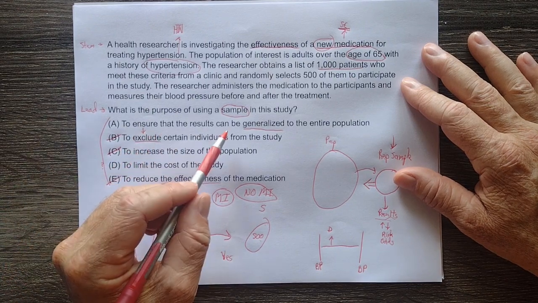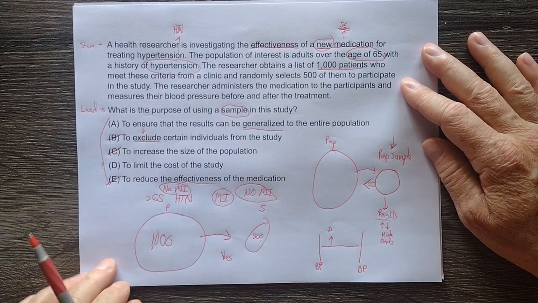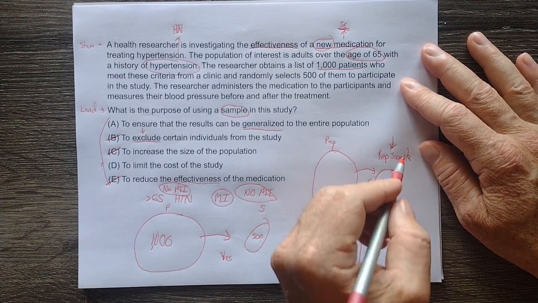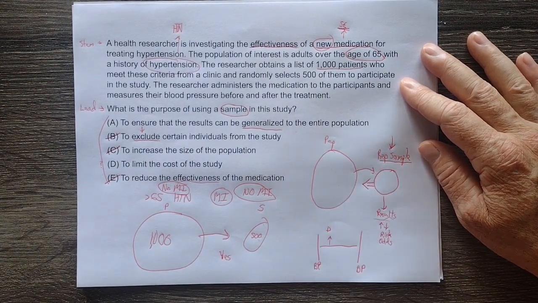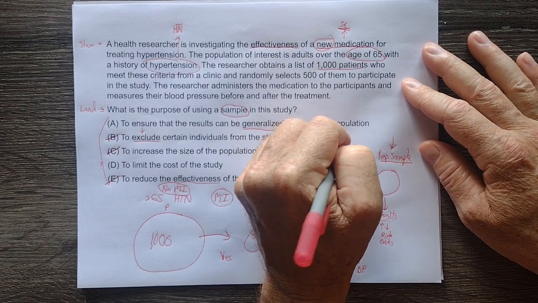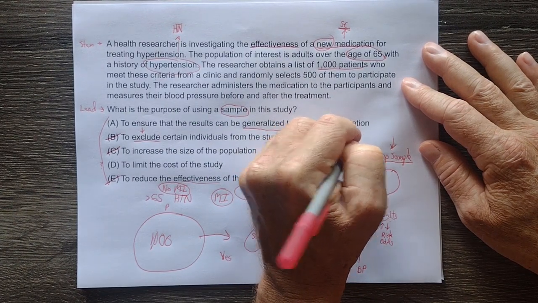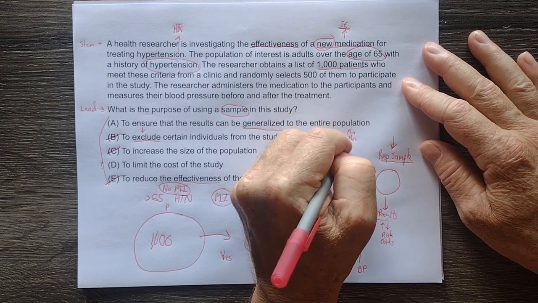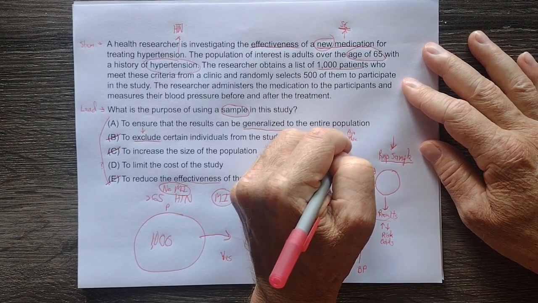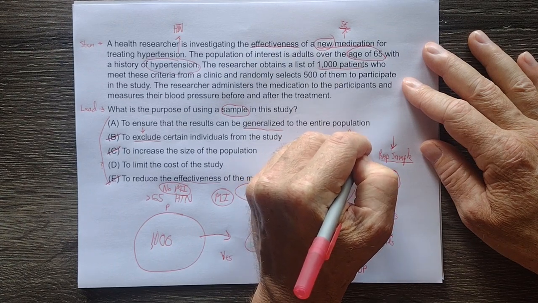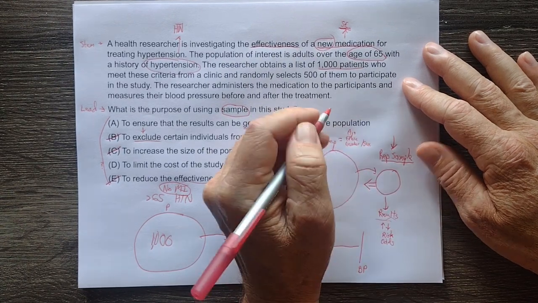To ensure that the results can be generalized to the entire population. Now remember, I talked about having a representative sample. So let's say in our population, we had age, ethnicity, gender or sex, we'll call it in this case.